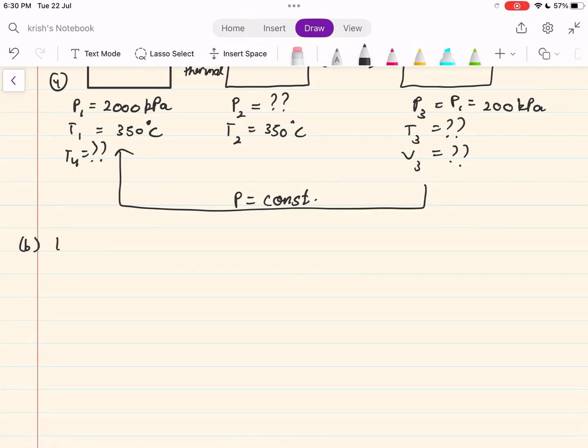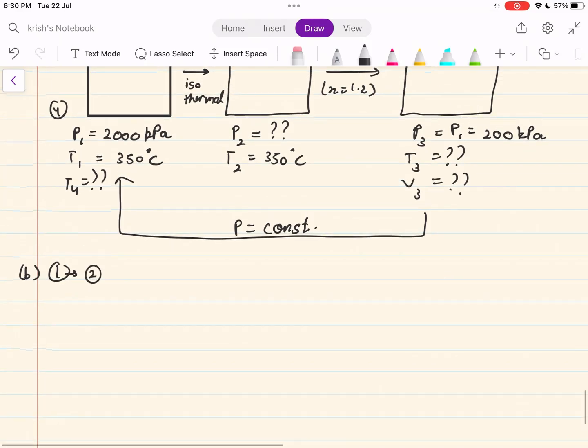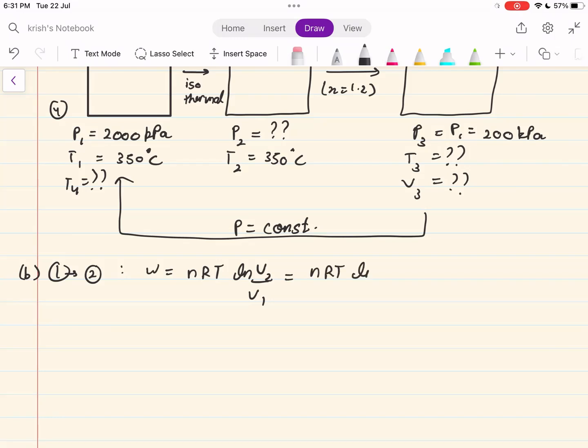From 1 to 2, that is isothermal process. We know the formula nRT ln V2 by V1, or nRT ln P1 by P2. Substituting all of the values, mRT, we use mRT in thermodynamics, not n.